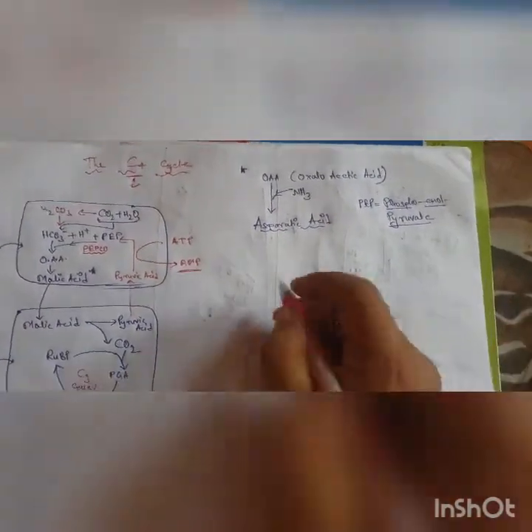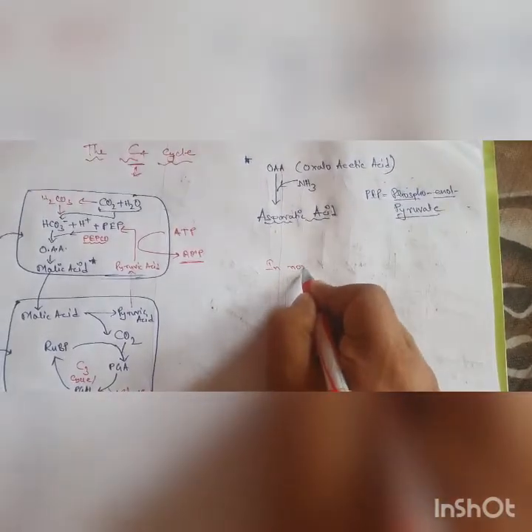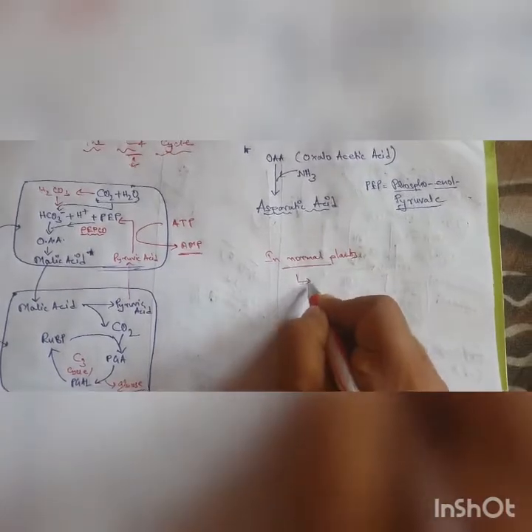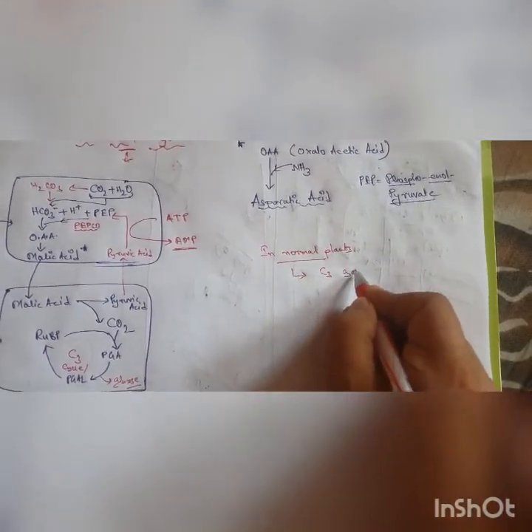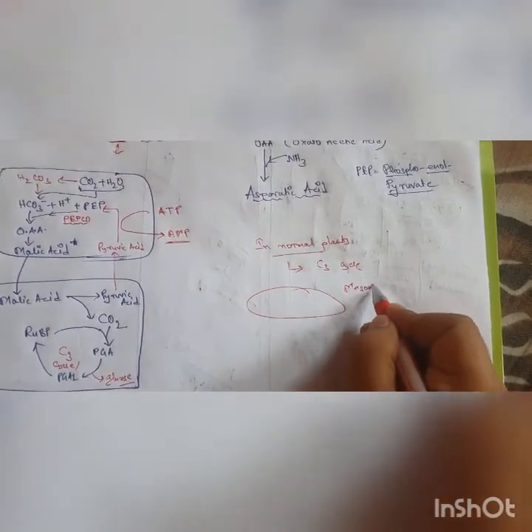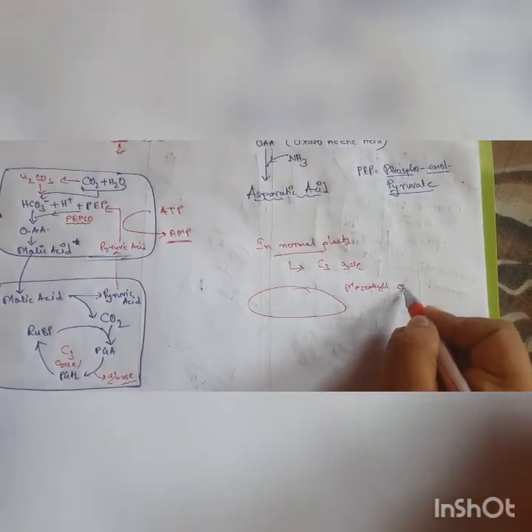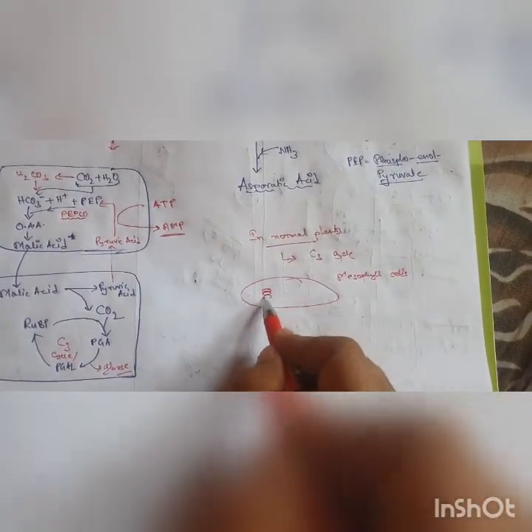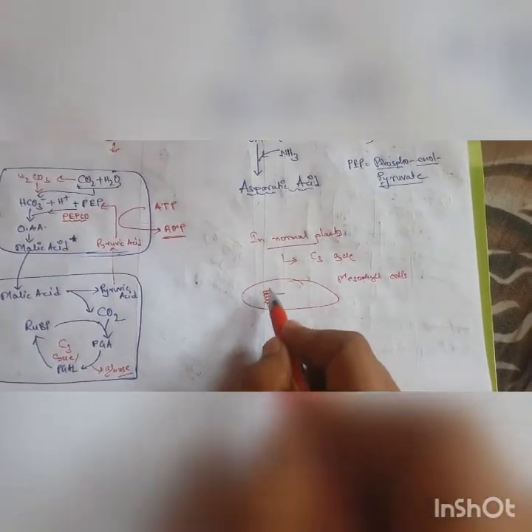Actually, where the problem arose is that in normal plants, if you recall a little bit, the C3 cycle occurs in the mesophyll cells, yes or no? In the mesophyll cells, what happens? There are grana, there is chloroplast.